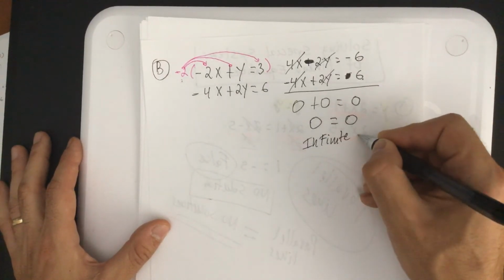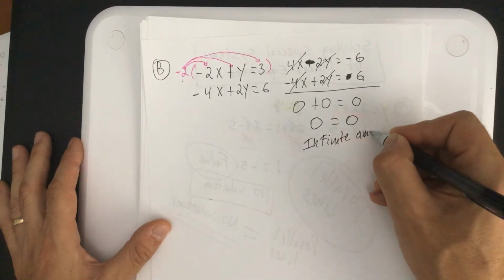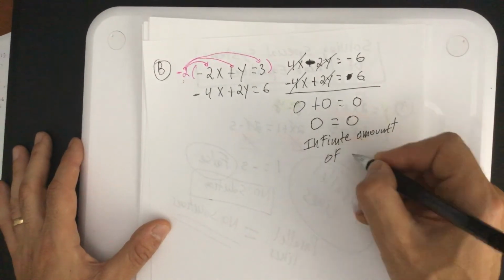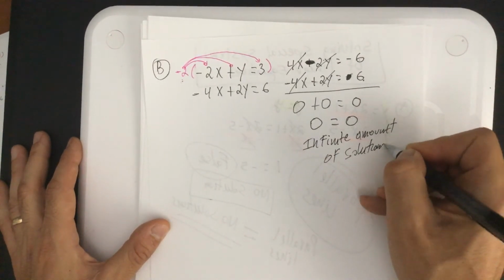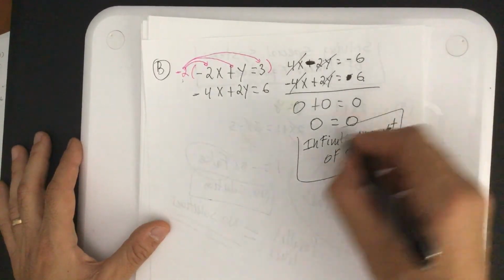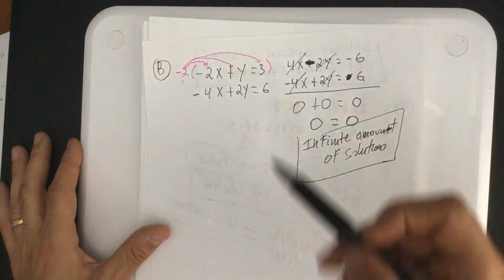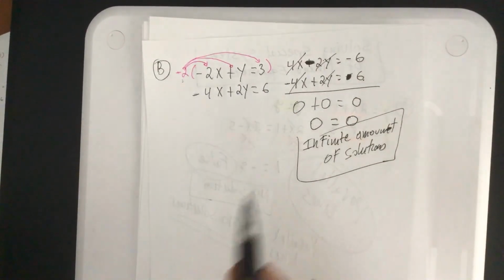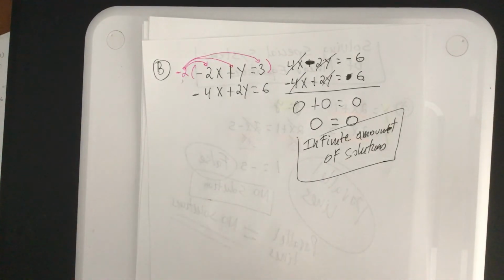Infinite amount of solutions. It means basically that these two equations are the same. They're on top of each other. It's the same equation, written a different way.